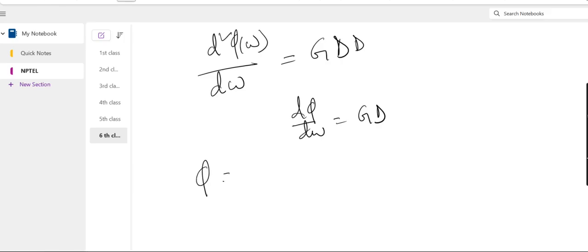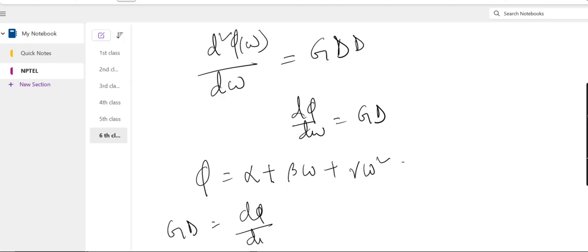So if phi is, let's say, some function of omega, and that function is alpha plus beta omega plus gamma omega square, then group delay would be d phi by d omega.